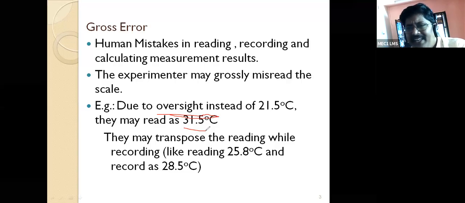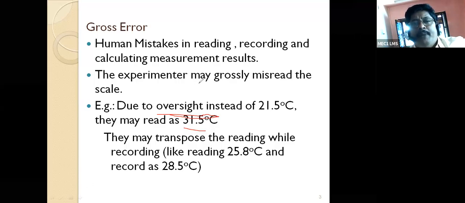But if the least count calculation is wrong, the total value is wrong. The reading is showing correct, but the human is making mistakes. That type you can call gross errors.